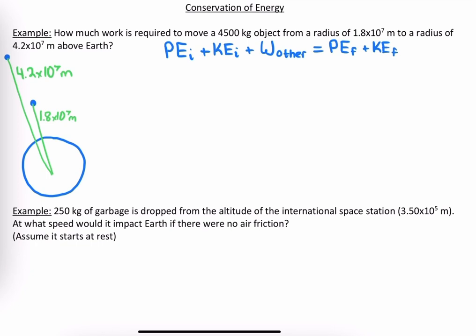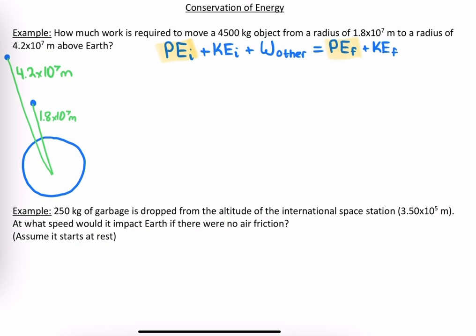Okay, so the next thing I like to do with these questions is just go through this formula and think, what terms do we have and what terms do we not? So in our new formula, potential energy is 0 when we're infinitely far away. That's not the case at any point in this problem. So we definitely have potential energy initial and we definitely have potential energy final.